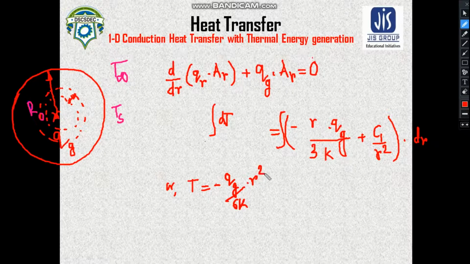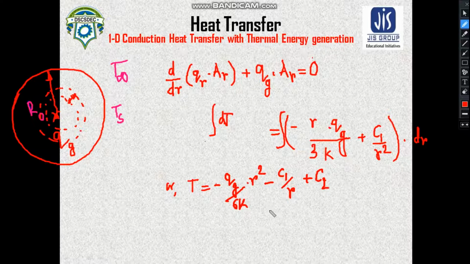I believe that you are understanding how this 6k has been found. That is, integrating r, it becomes r square by 2. So 3 into 2, 6. Okay, very simple. And this one would be c1 by r, right? Basic integration, and you will find a term which we call c2.